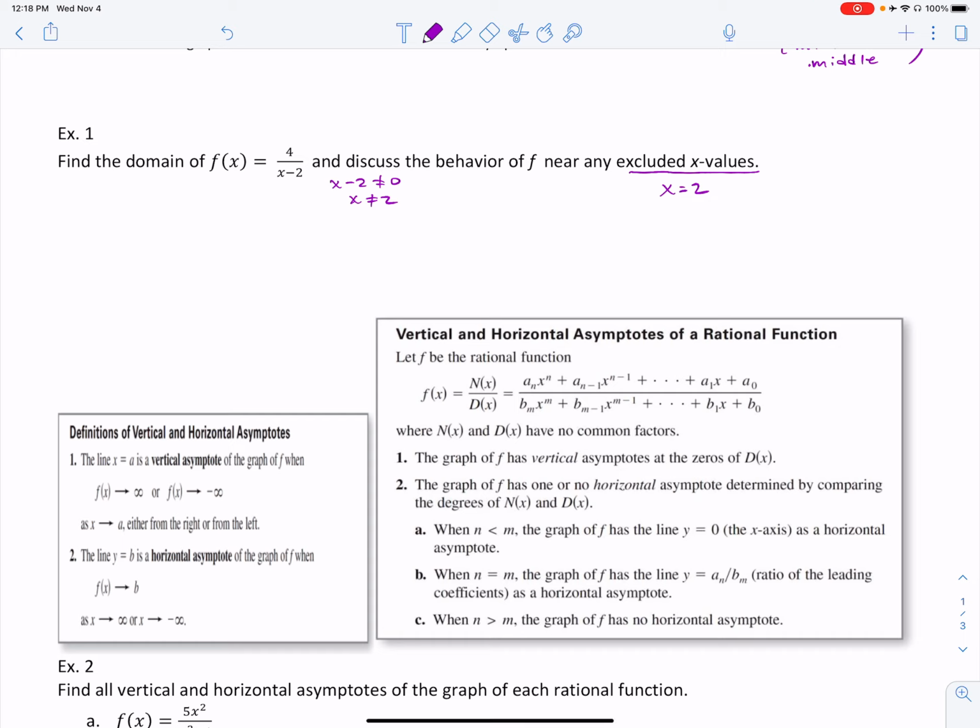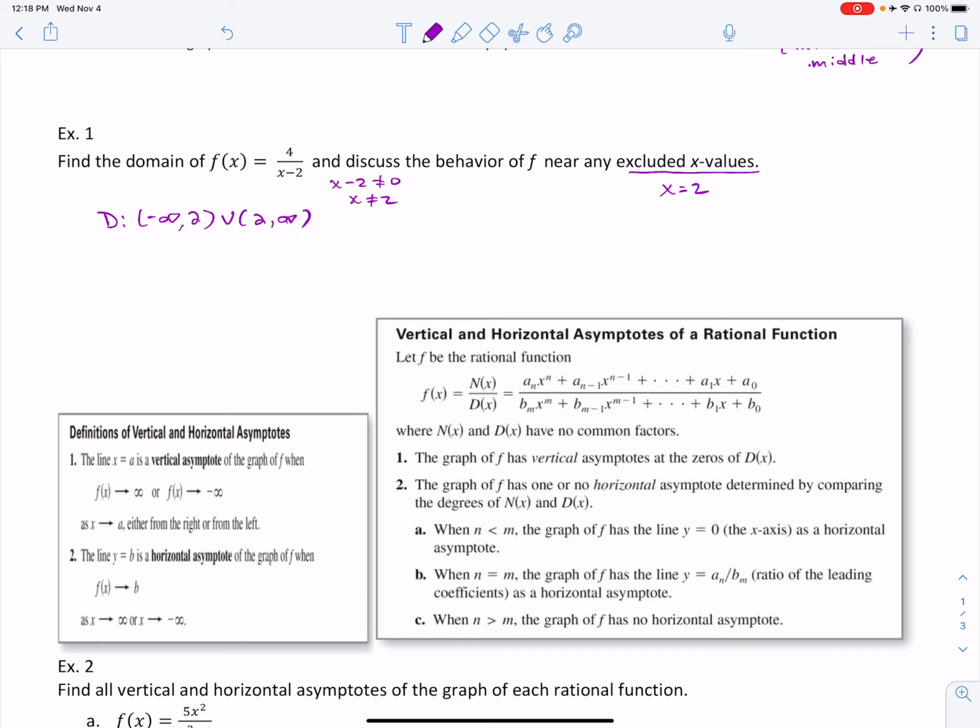And so we want to discuss the behavior of f near that excluded value. If I think about the domain, it's all reals except for 2. We just have to eliminate what makes the denominator 0. The domain's negative infinity to 2 union 2 to infinity.